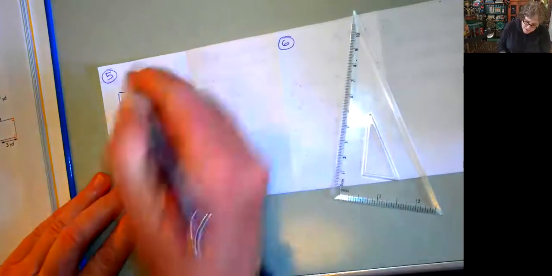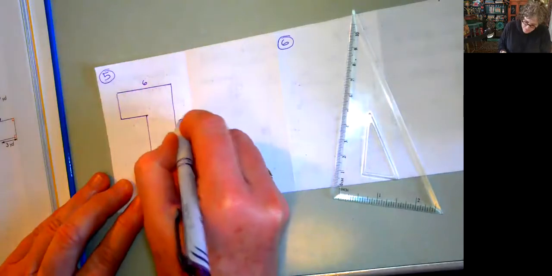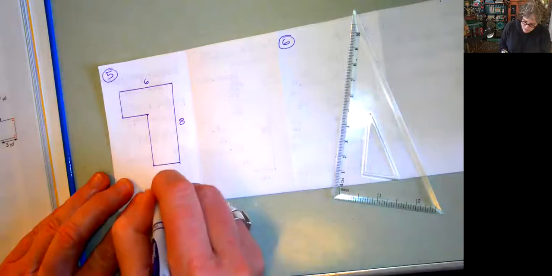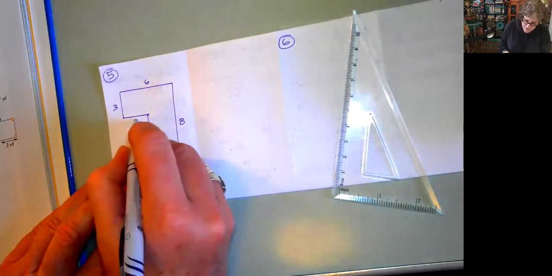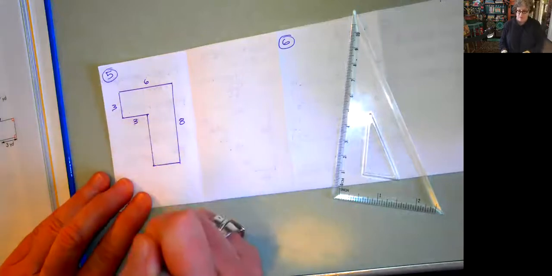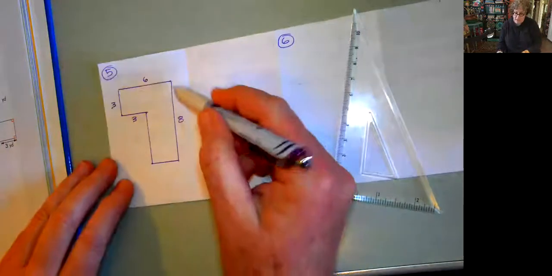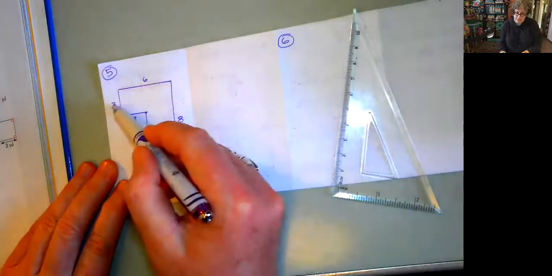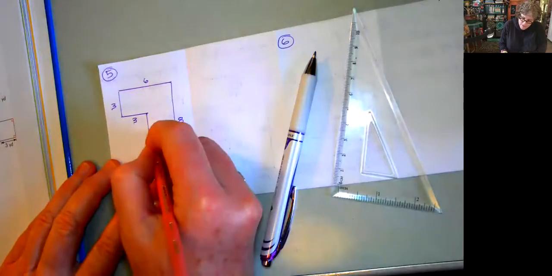Okay, so this is 6. This is 8. This we don't know. This is 3. This is 3. And this we don't know as well, right? So we don't know this, but if we know this whole length is 8, we can subtract 3 away from that, and that will tell us this one.